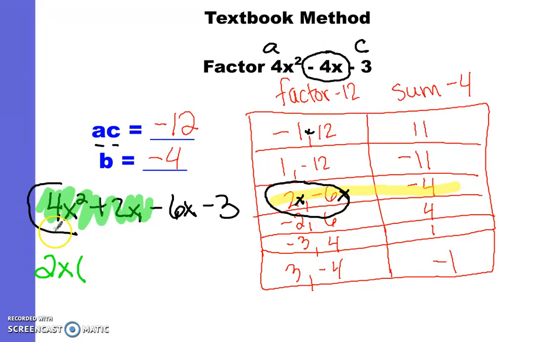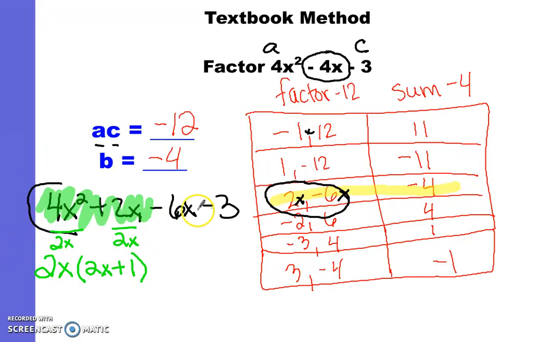And what is left? When factoring out, remember, I'm really just dividing. So 4 divided by 2 is 2. x squared divided by x is x. And then 2x divided by 2x is just 1.